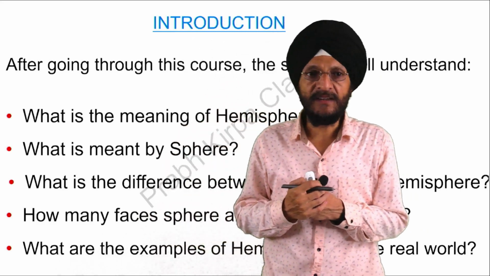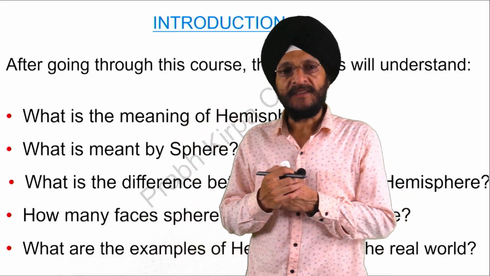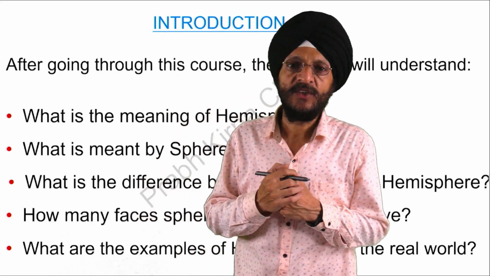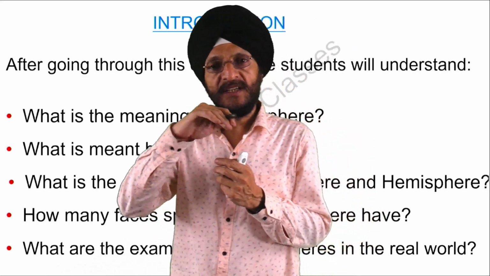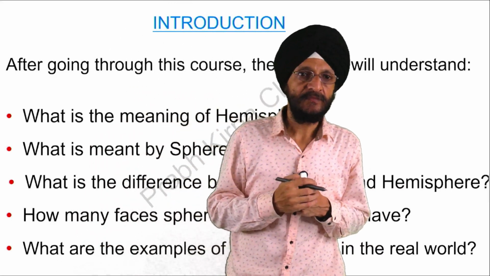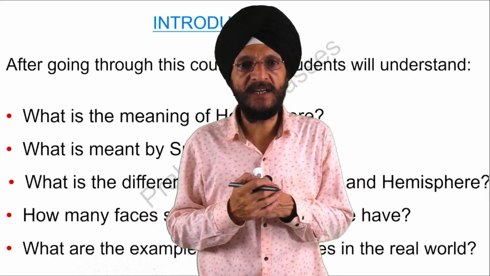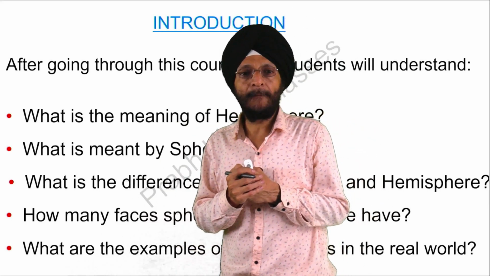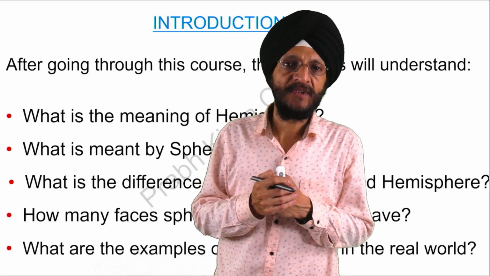They will understand that while a sphere has only one face, the hemisphere has two faces. One is a curved face and another is a flat face. The students will also understand that there are many real world examples of hemispheres.